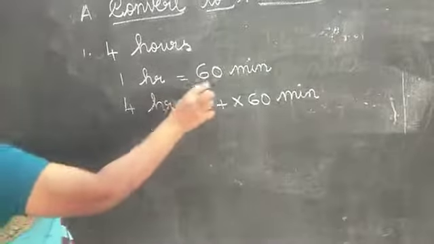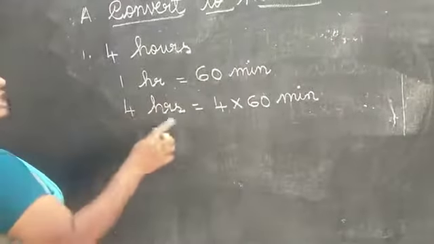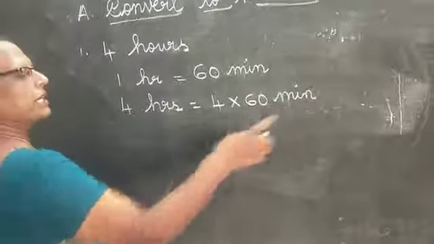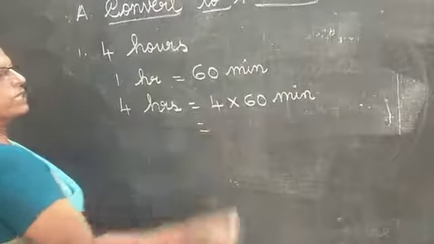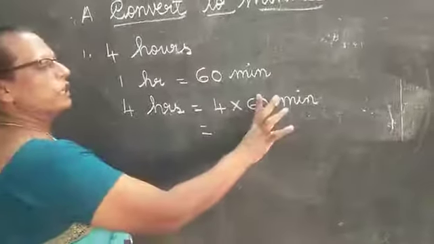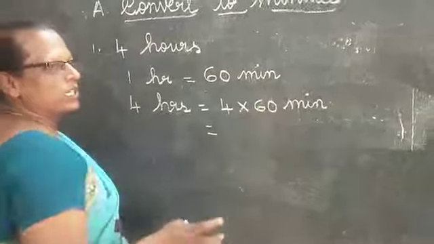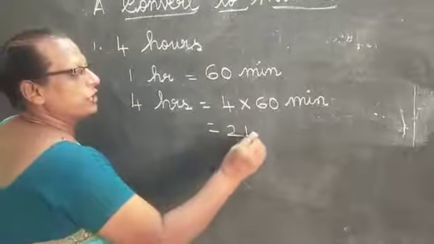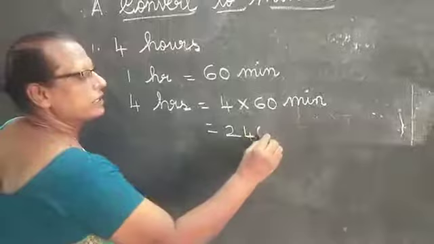1 hour is equal to 60 minutes. 4 hours is equal to 4 into 60 minutes. What will 4 into 60 come to? If you feel it is hard, you need not see the zero. 4 sixes are how much? 4 sixes are 24. So you can add the 0 here.